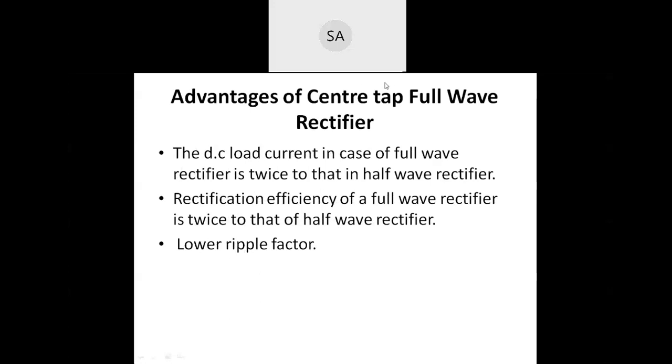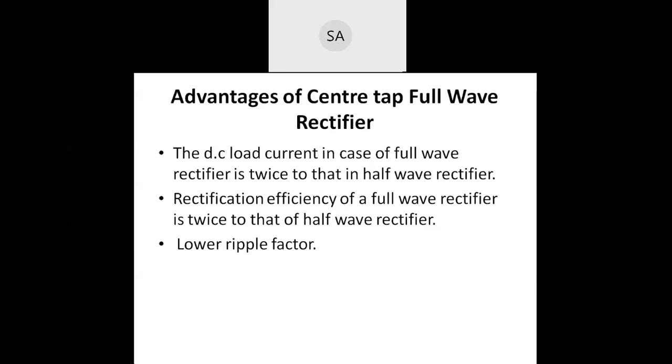So here we are discussing the advantages of the center tap full wave rectifier. The DC load current in the full wave rectifier is twice that in the half wave rectifier. The DC load current IDC in the center tap full wave rectifier is 2Im by pi, whereas in the half wave rectifier it is Im by pi.